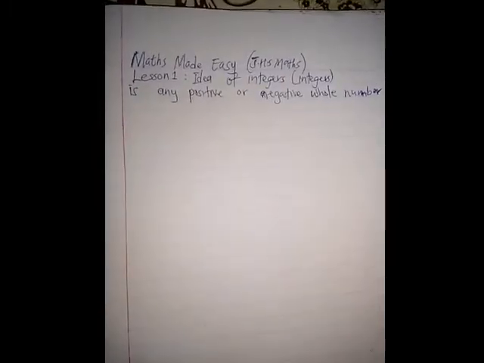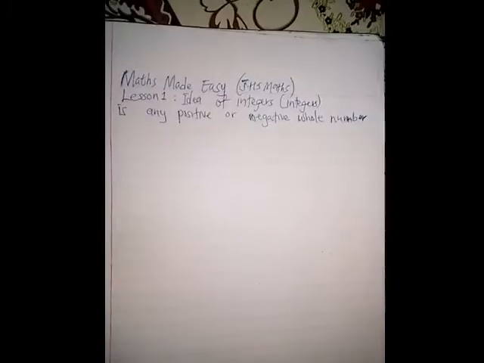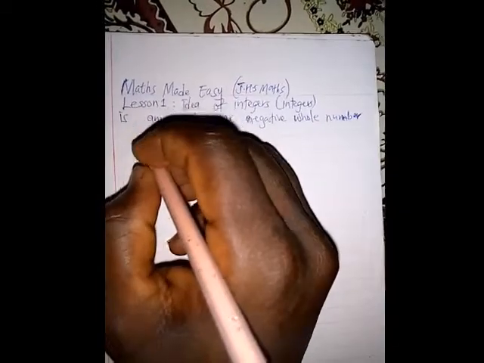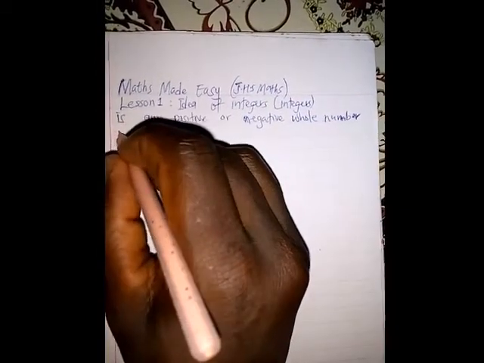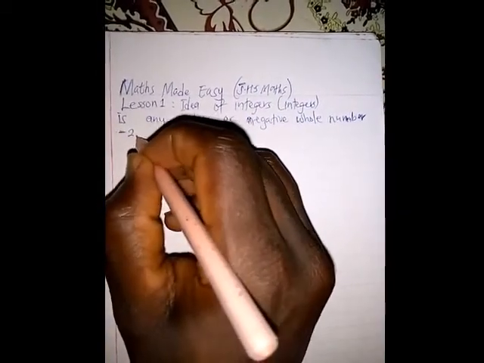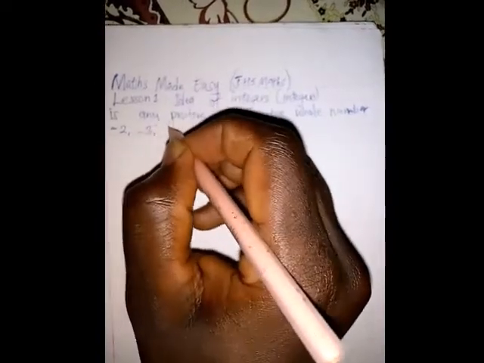When you talk of an integer, then a number which is positive or negative is an integer. So we have examples of negative integers: -2, -3, -4.